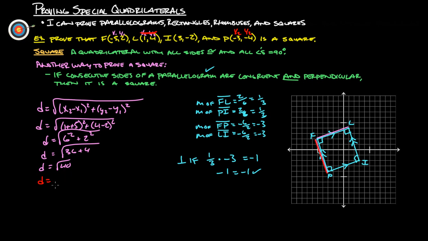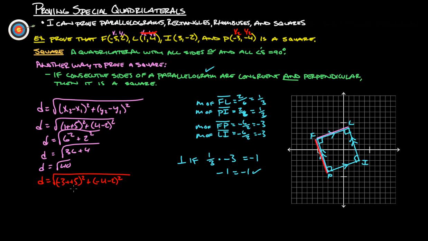So distance is going to equal x2 minus x1, so negative 3 minus negative 5, squared. The double negative turns into a positive. And then we've got negative 4 minus 2, squared.